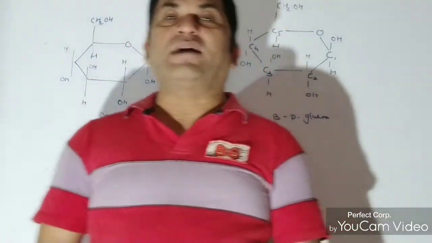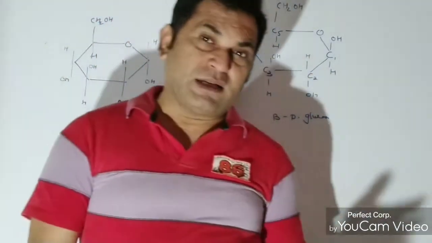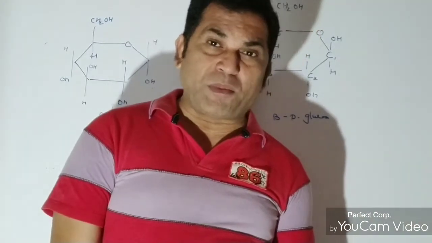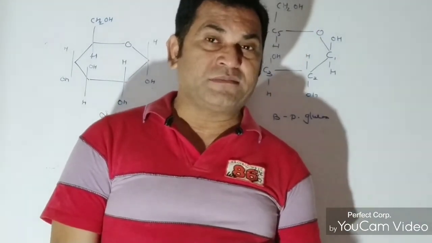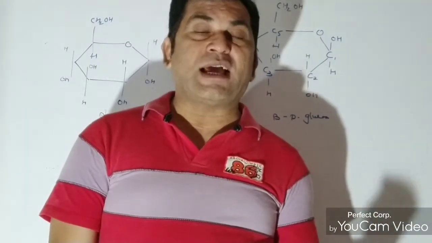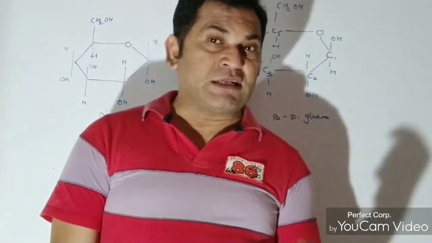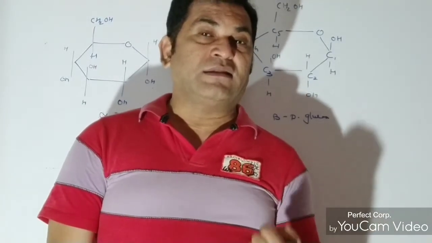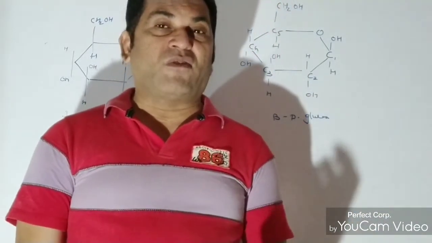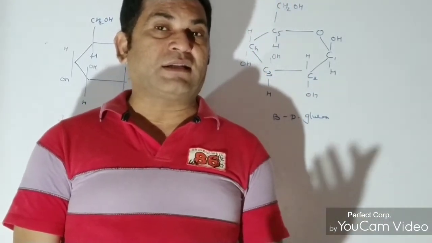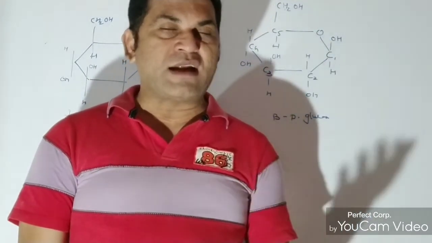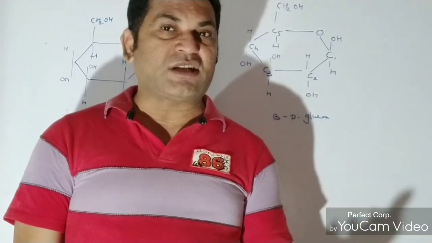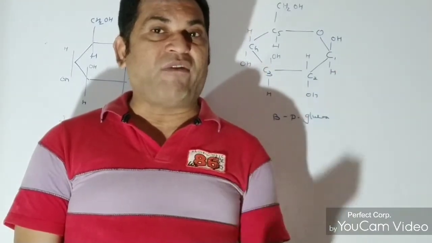Then we have seen that glucose has another isomerism, the anomers. How? If glucose is crystallized at 303 Kelvin temperature, these crystals melt at 419 Kelvin. This structure is known as the alpha structure.